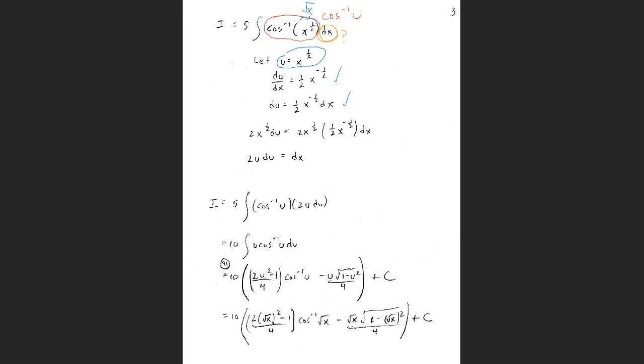I'm down here on this step, and I want to get the dx by itself. That means I don't want the half there, and I don't want the x to the negative half there. So I'll multiply through the equation by the reciprocal, 2 times x to the half power.